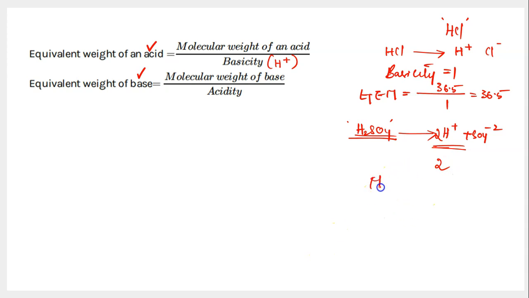And what about the molar mass? The molar mass of H2SO4 is equal to 98. You have 2 hydrogens, 1 sulfur, 4 oxygens. So now substitute these 2 values in the formula. Molar mass of H2SO4 divided by basicity, which is 2. So the answer has to be 49. The gram equivalent mass of H2SO4 is equal to 49.